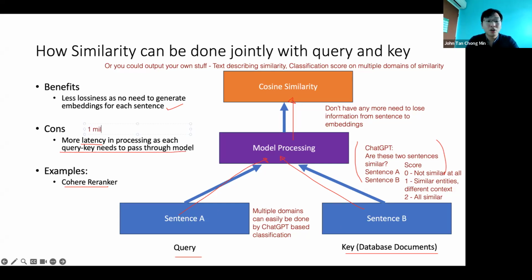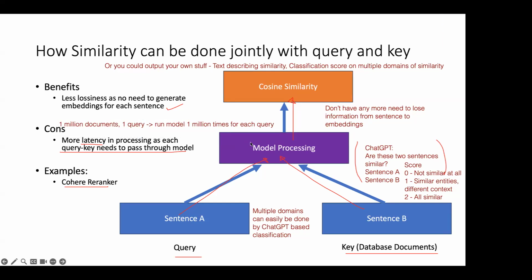If you have 1 million documents and one query, you need to run the model 1 million times for each query. Can you imagine such a system? It can be quite expensive. It's not that it isn't possible, it's really expensive.